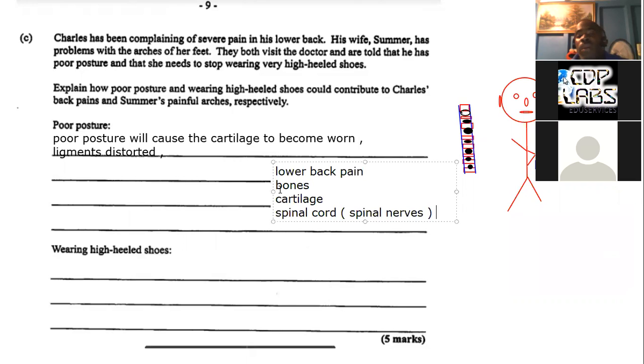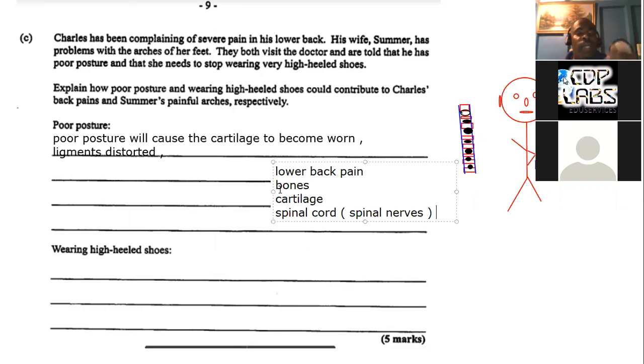Make sense? So how the person sits causes the cartilage to wear out. And therefore with the cartilage worn out, the bones are affected. And the bones are exposed to the spinal cord, then you will start to feel what? Pain. Simple as that.